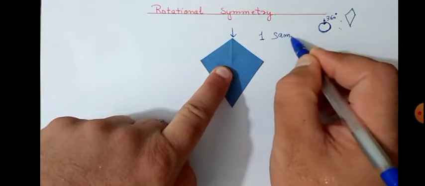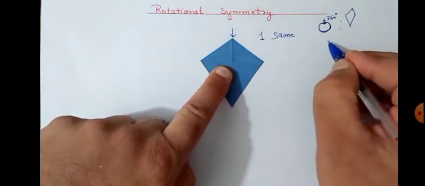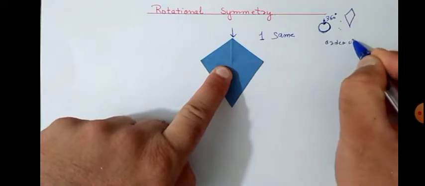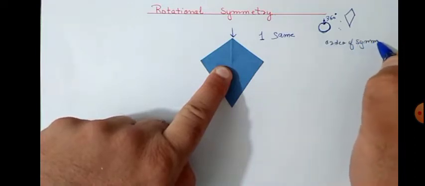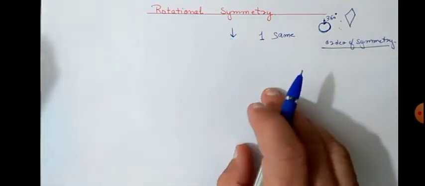It means in one round we get the same figure only one time. So how many orders of symmetry? This figure has one order of symmetry.